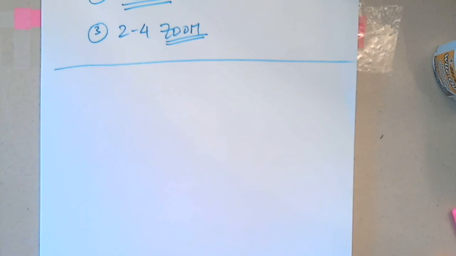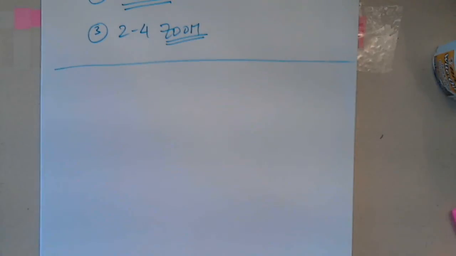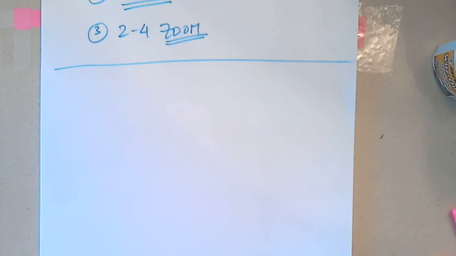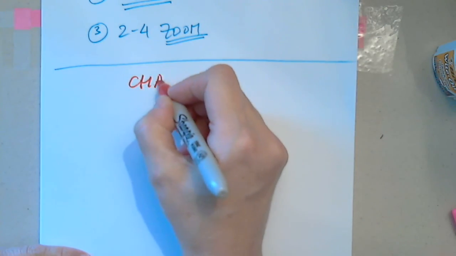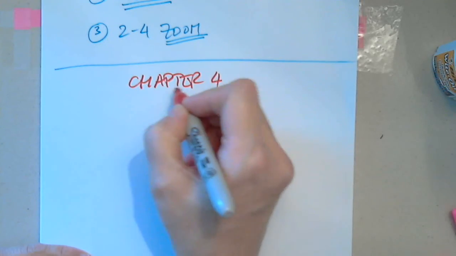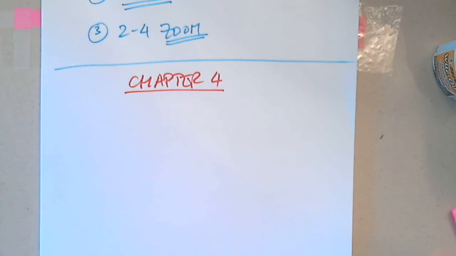So we have 5 more sections to cover in Chapter 4. We have 3 sections in Chapter 5. And 2 more sections, 6.1 and 8.1. So we're going to start Chapter 4. This is the last chapter in which we introduce new functions.